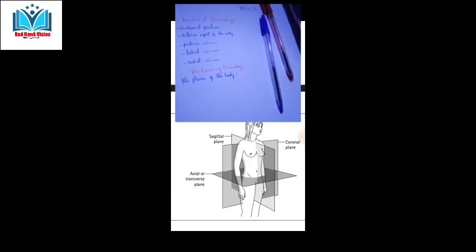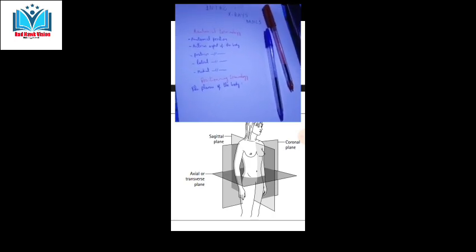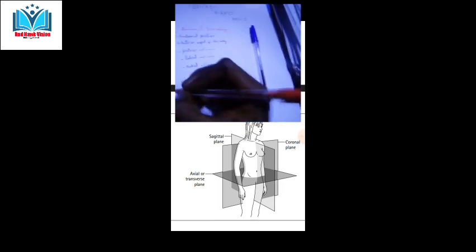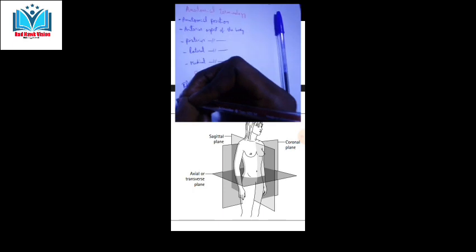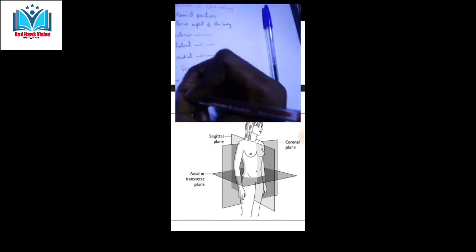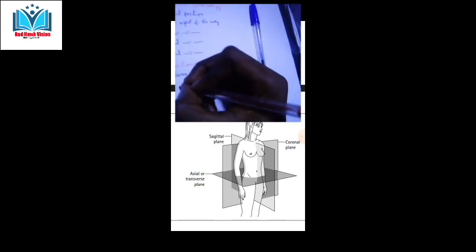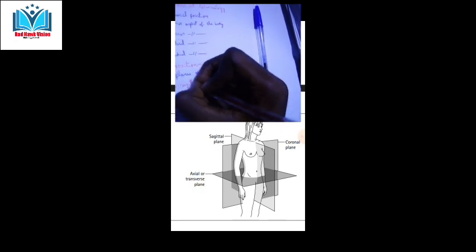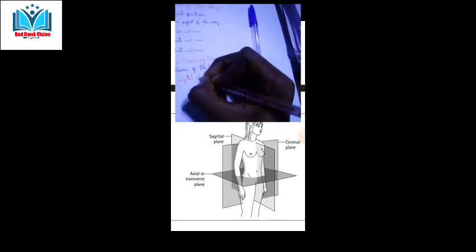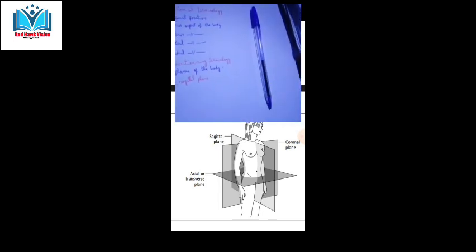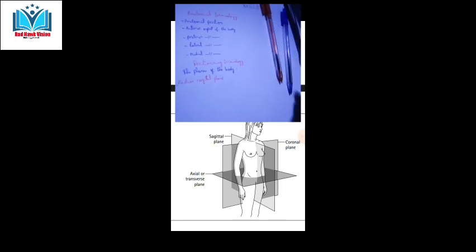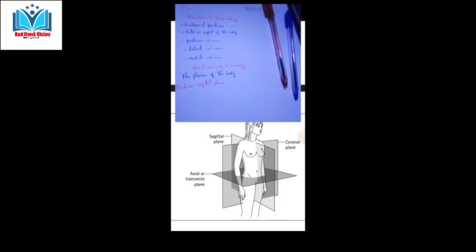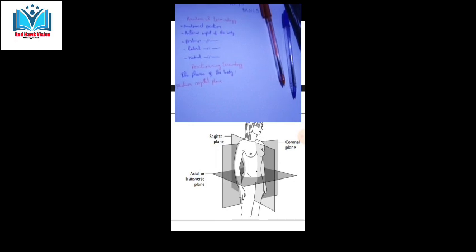As the planes of the body, we have the median sagittal plane, which divides the body into right and left halves.